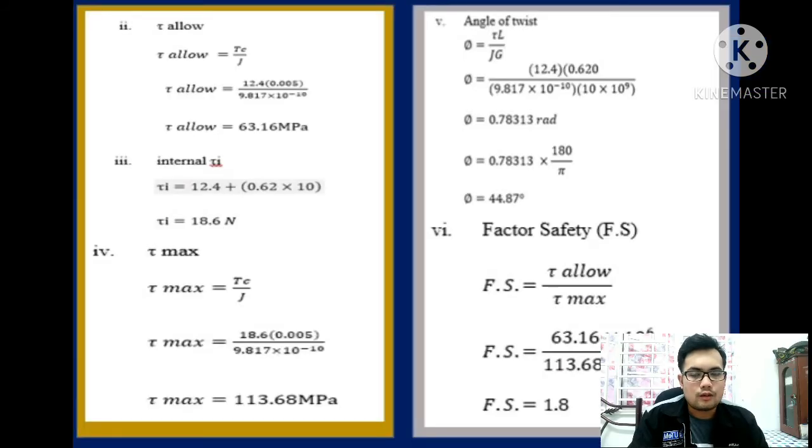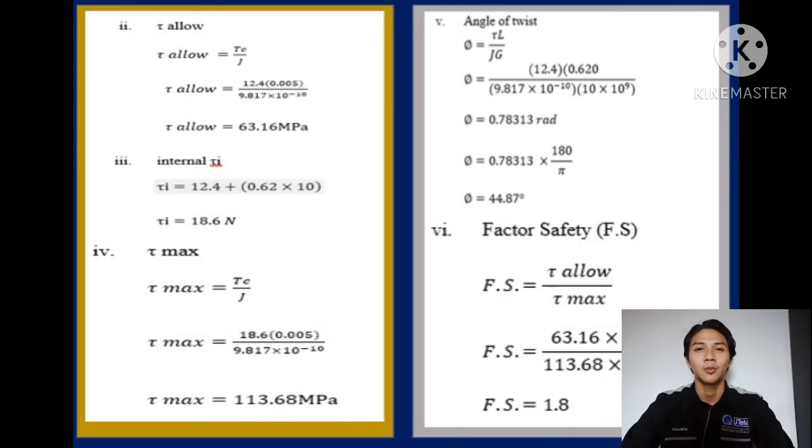Next, we calculate the allowable torque, which is the moment times the radius divided by the polar moment, J just now. So we get the allowable torque of about 63.16 megapascal.